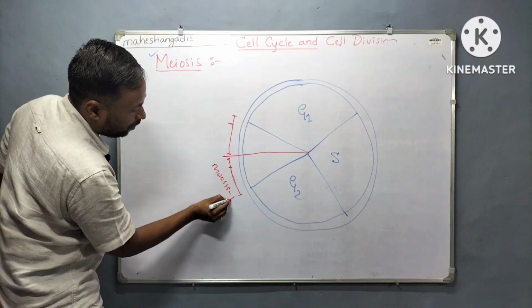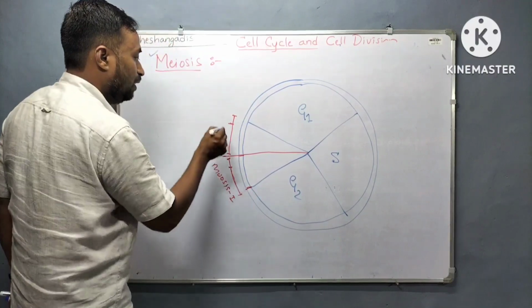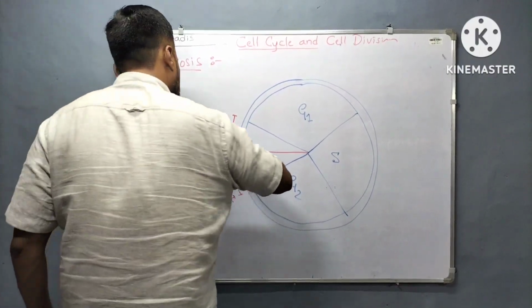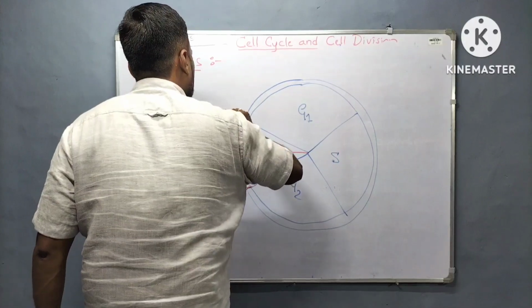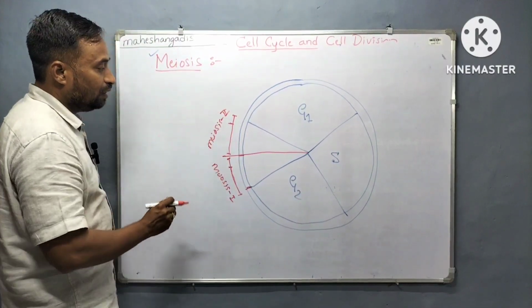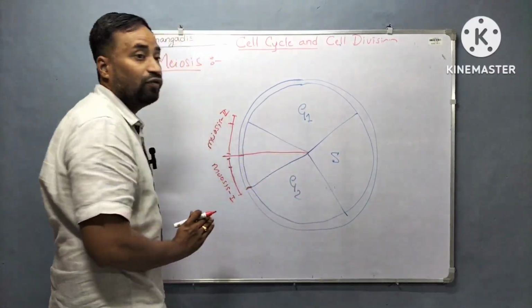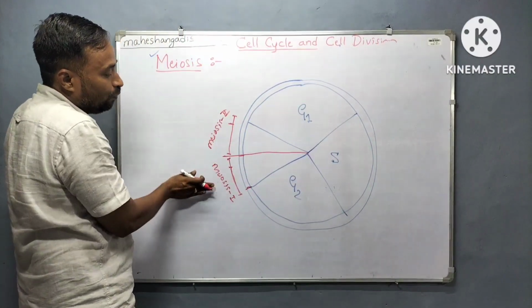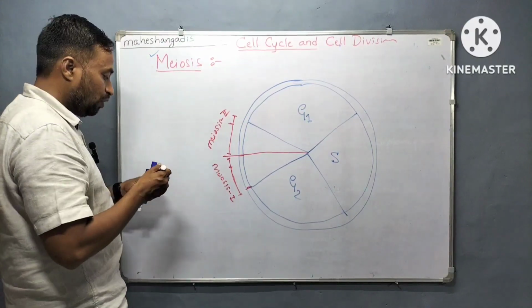What I am representing here is meiosis 1, and this one is our meiosis 2. In case of mitosis, there is only a single M phase, but here two M phases are there. One is meiosis 1, the second one is meiosis 2.